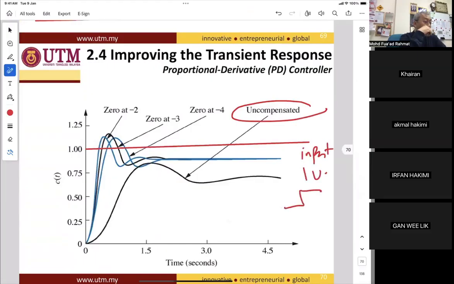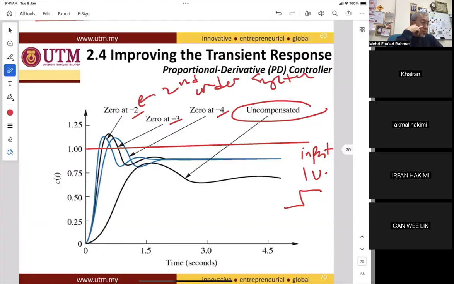And then the output for the uncompensated system produces a big error. And then we introduce a zero at -2, zero at -3, zero at -4. So zero at -2 is a second order system, but zero at -3 and -4 is a third order system.